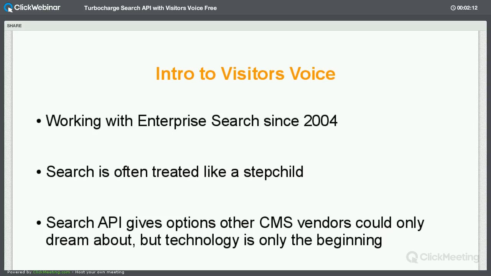We've been working with different technologies, and discovering Search API was really nice because it gives you options that we believe other CMS vendors could only dream about. It gives you a lot of flexibility, and it's very dynamic.